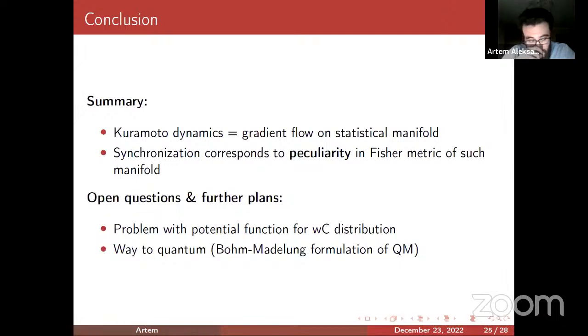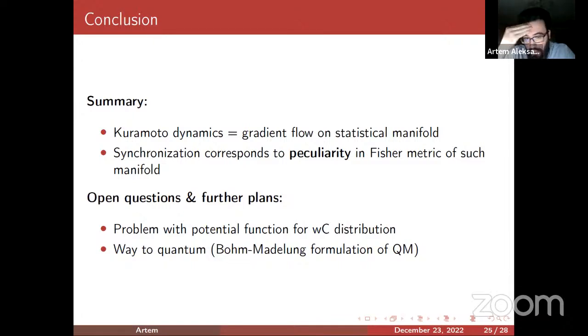And in summary, we have shown that Kuramoto model dynamics can be described as gradient flow on a statistical manifold. And we have seen that synchronization corresponds to a singularity of the Fisher metric of such a manifold.